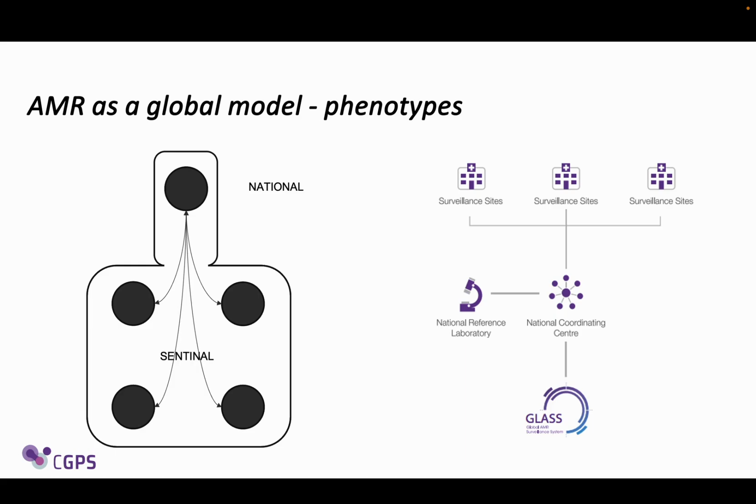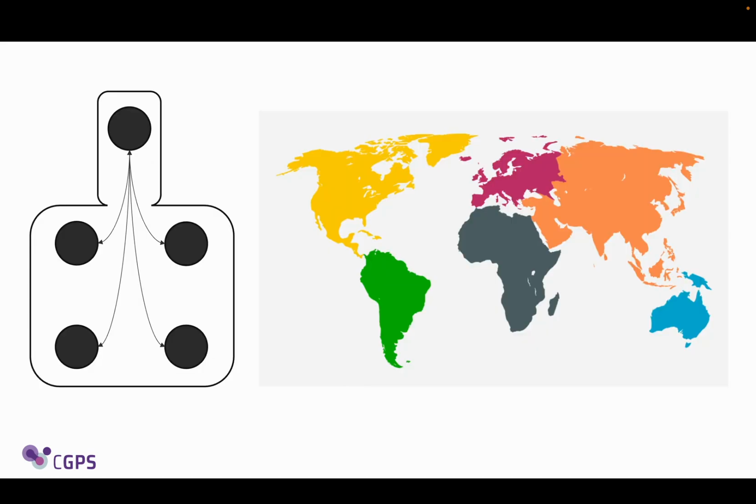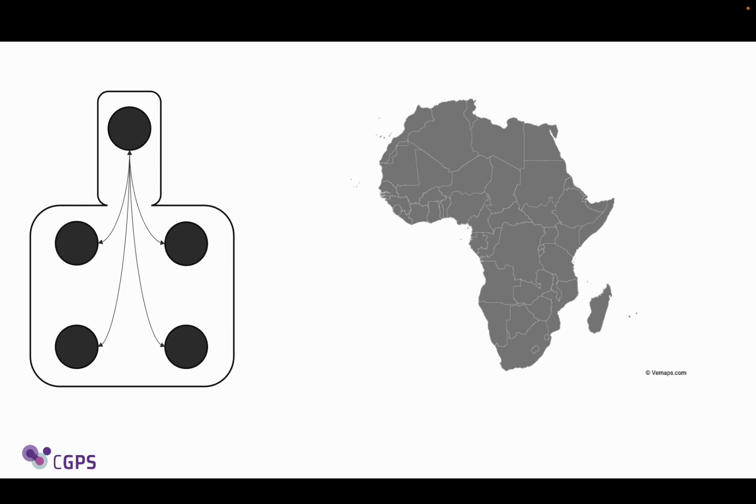So the patient presents at a surveillance site, that information is then fed upwards to a national coordinating centre, which then feeds upwards into national control, but then also ultimately up to that global level. And then we could go up another level. On a continent, you can imagine those continental public health agencies collating information from the nodes, the countries within each continent.